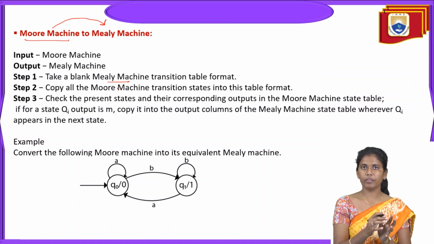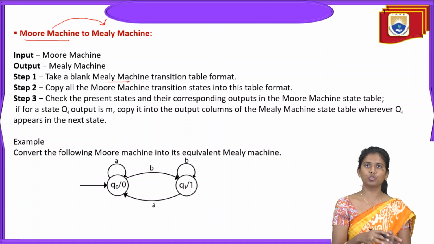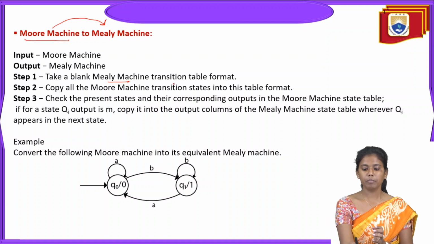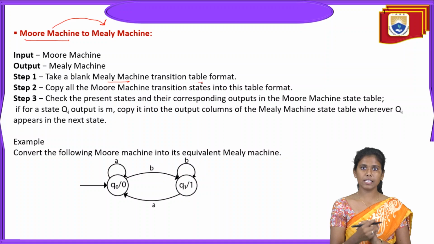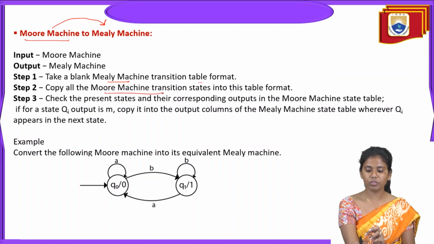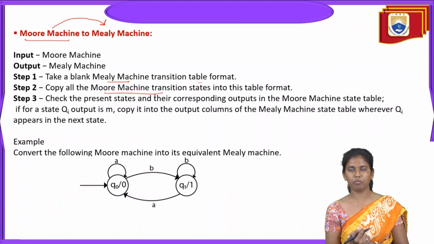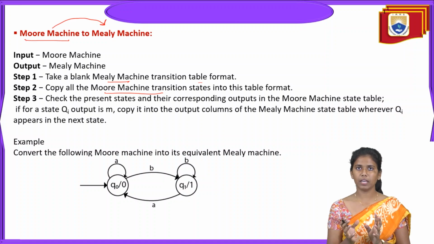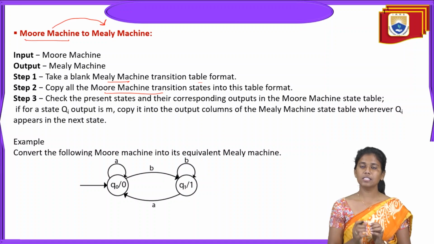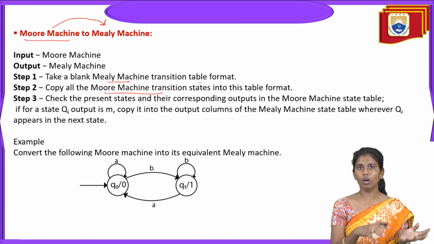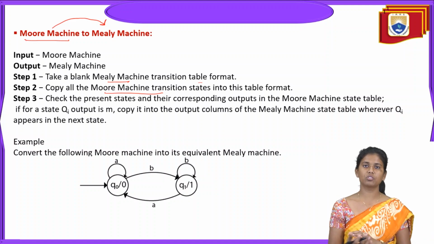So consider the Mealy transition table format, and then the second step is to copy all Moore transition tables into this table format. First consider the Mealy table, and then copy all the Moore machine transitions.